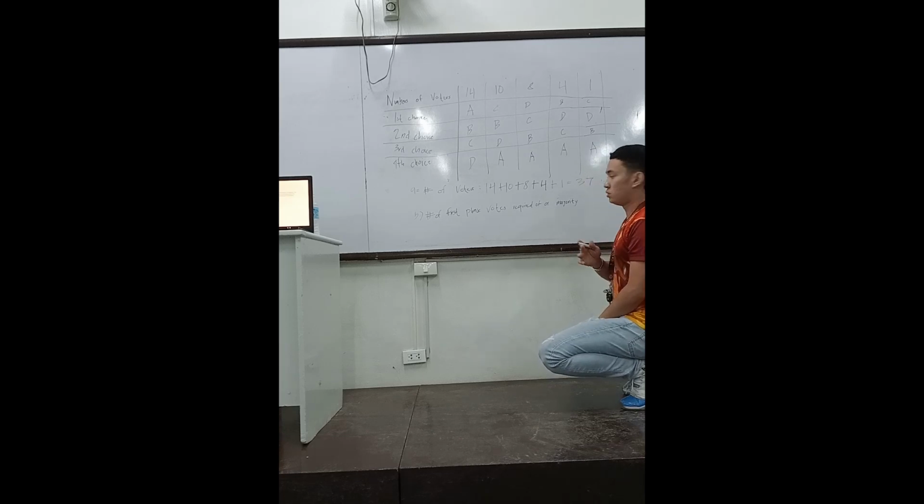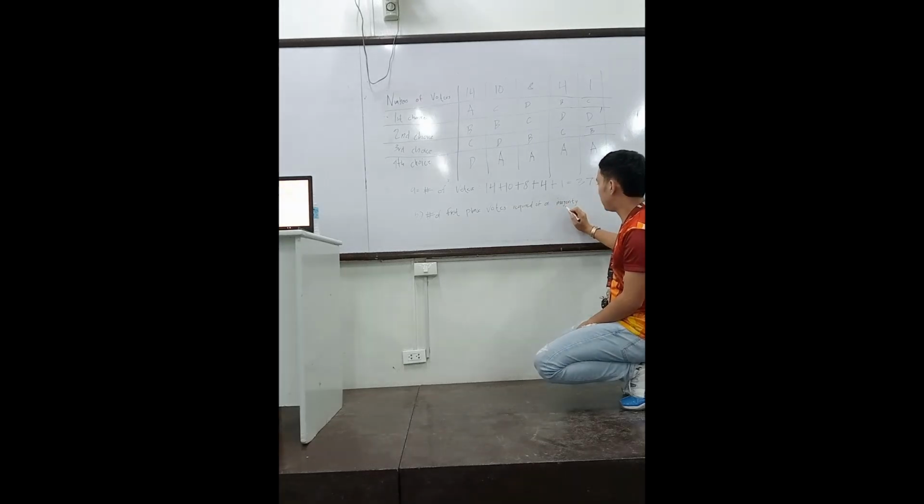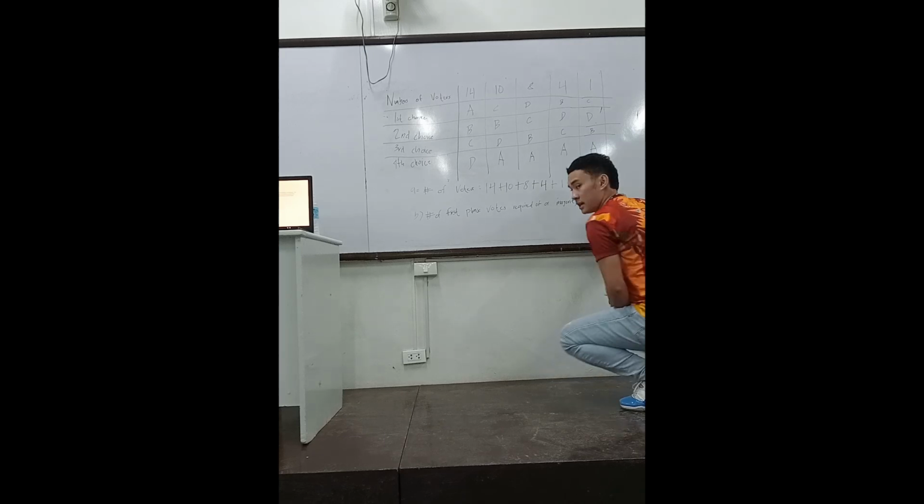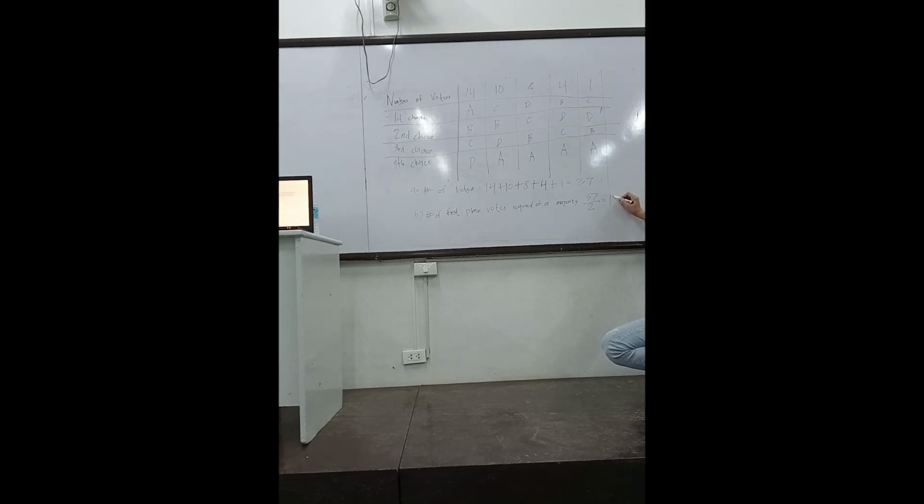Next, we need to get the number of first place votes required for a majority. To get the majority, the number of voters will be divided by 2. 27 divided by 2 is equal to 13.5. There is no whole number 13.5, so to get the majority, 13.5 should be rounded up to 14.